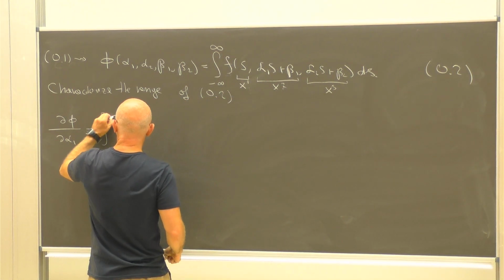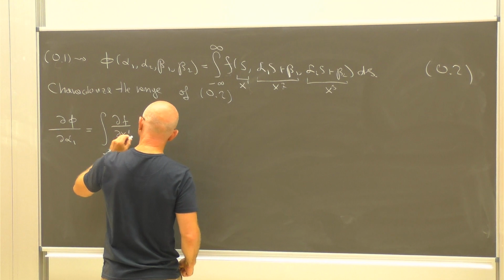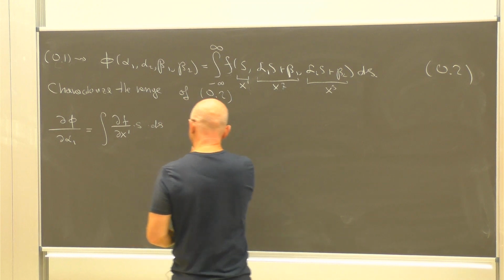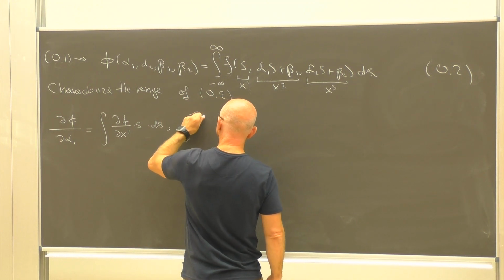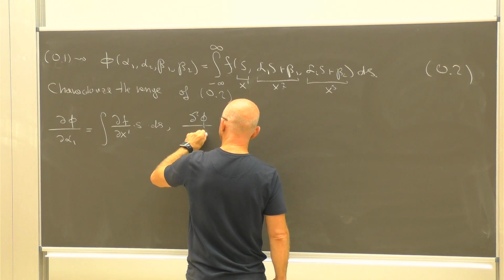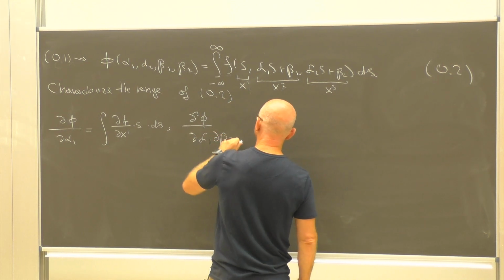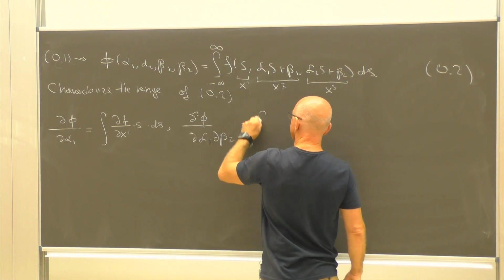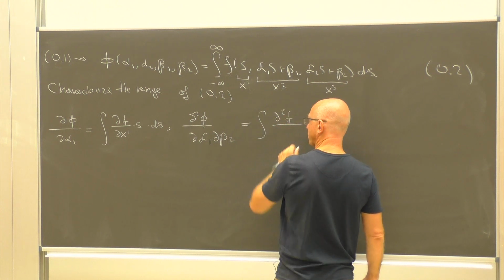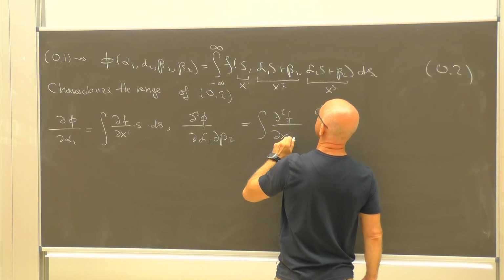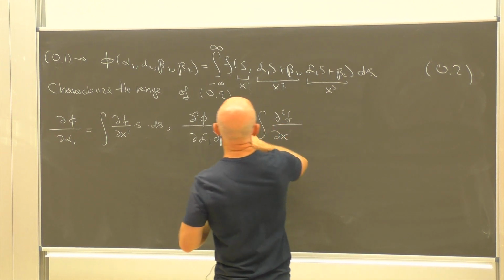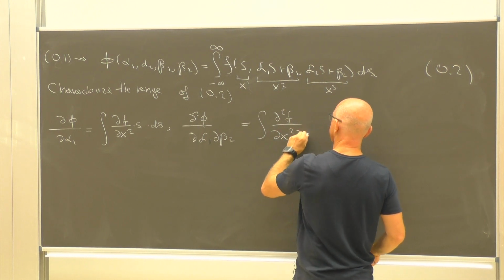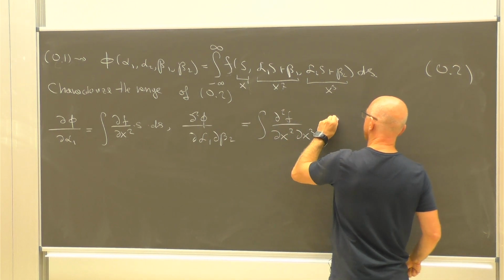So there'll be df by dx1 times s ds. If I do d2 phi by d alpha 1 d beta 2, then the beta 2 dependence sits here but without ds. So this is an integral of d2f dx1 dx2, sorry, you should correct me when I make mistakes, times s ds.